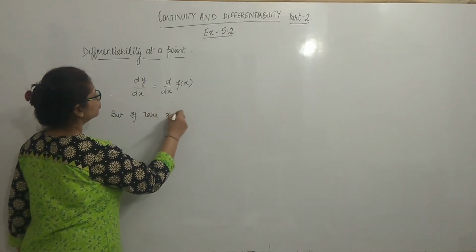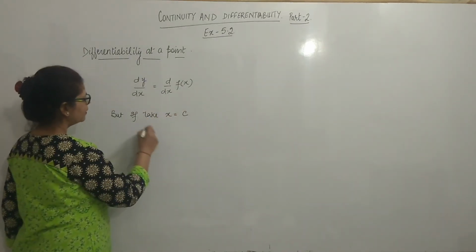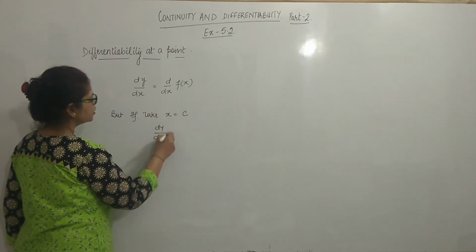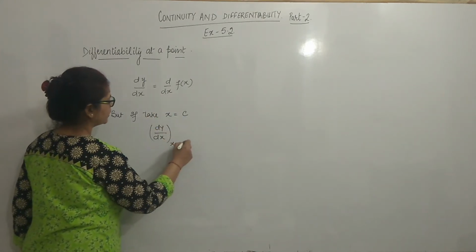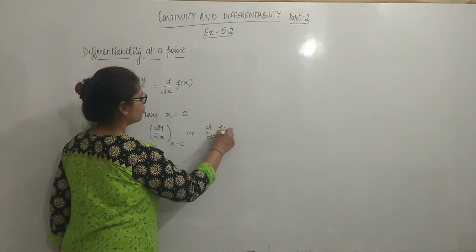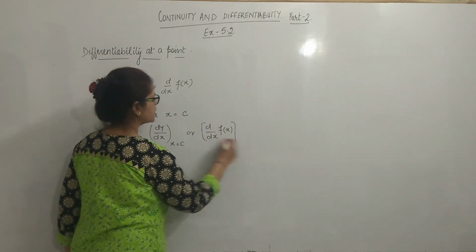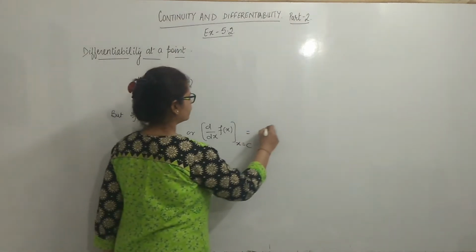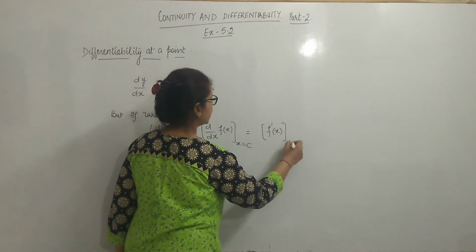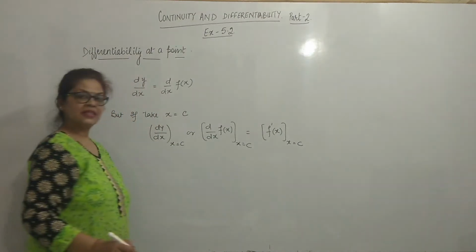But if we discuss at a point, if we take x is equal to c, then the derivative of the function at this point is represented by this, or you can say d by dx of f(x) at x = c, or f prime x or f dash x, whatever you say, at x is equal to c.